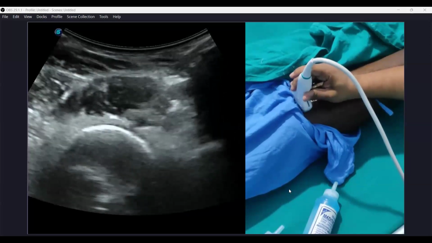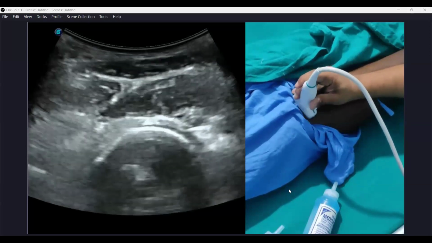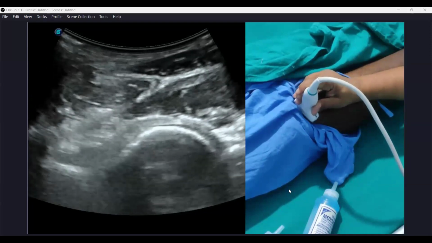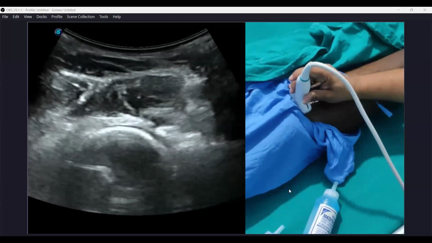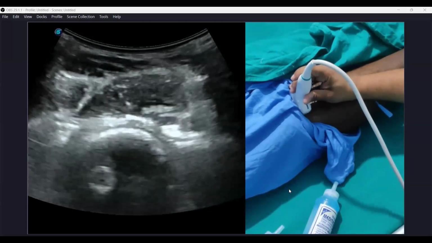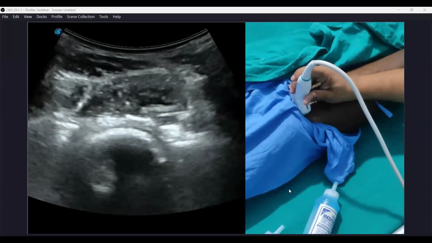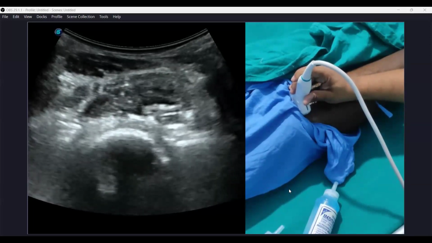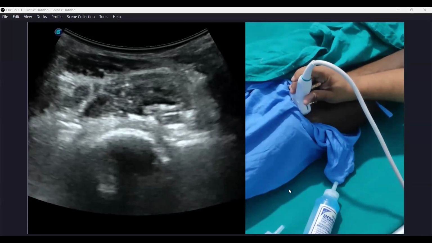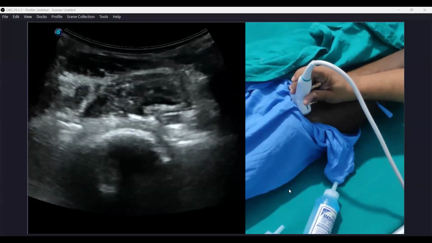From this area, where we are at the lateral side and seeing the neck, I am moving slightly towards the medial portion. And slightly medially, we can see this portion. Let us stop here.